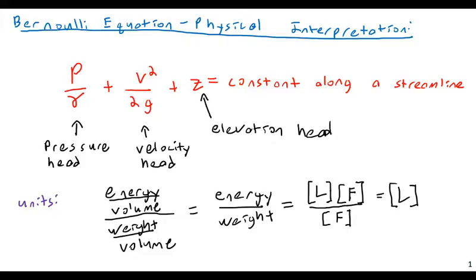Now the question might be, why would I seek to interpret this in terms of height? What is the advantage of this? Well, the advantage is it's a very practical and physical interpretation.